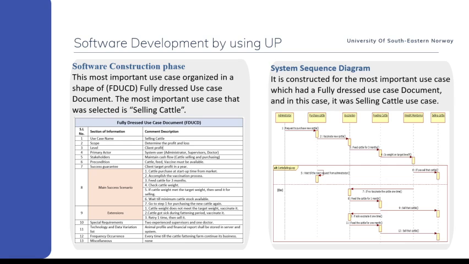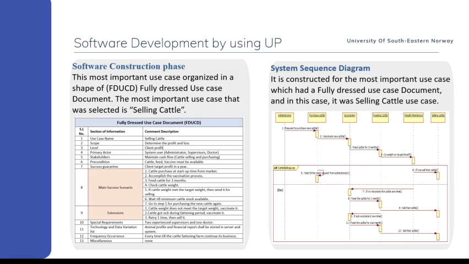Then the software development construction phase. This is the most important phase, and I have used the most important use case, which is organized in a fully dressed use case. The most important use case I have used here is selling the cattle. For selling the cattle, I have a main success scenario and extension, which is important to evaluate the system sequence diagram.